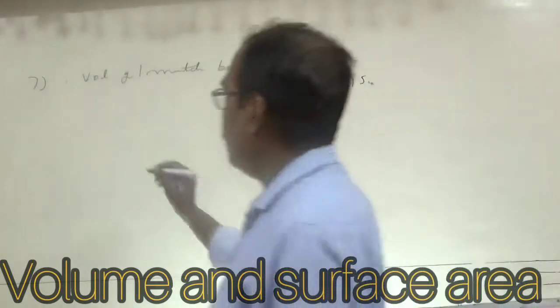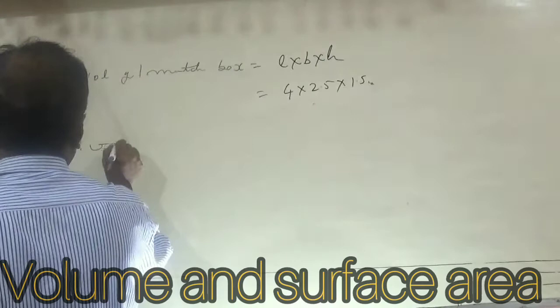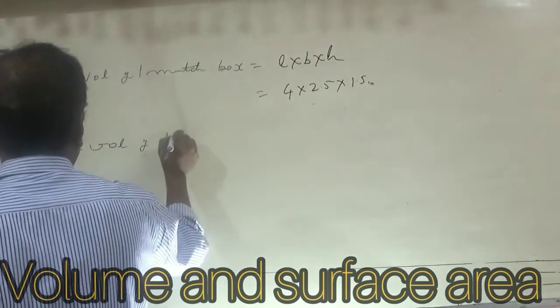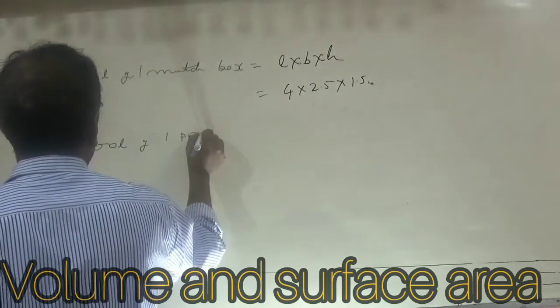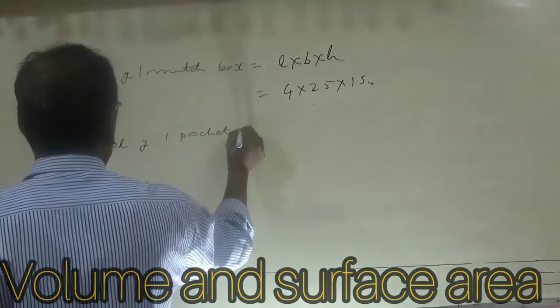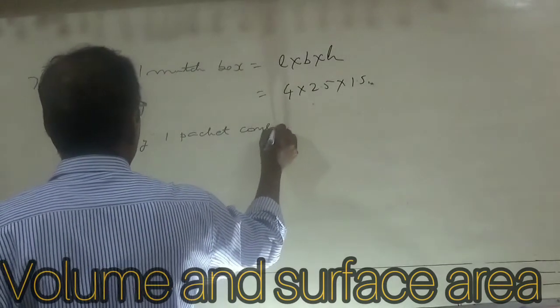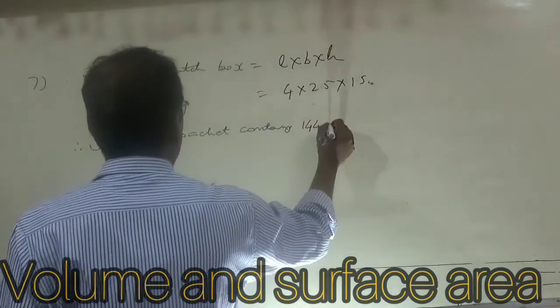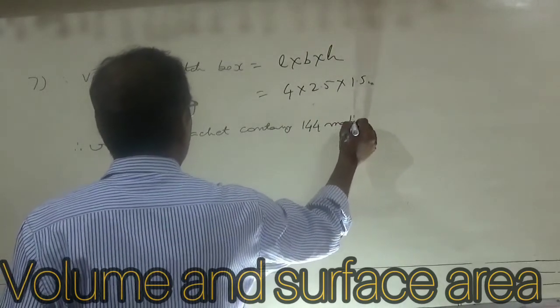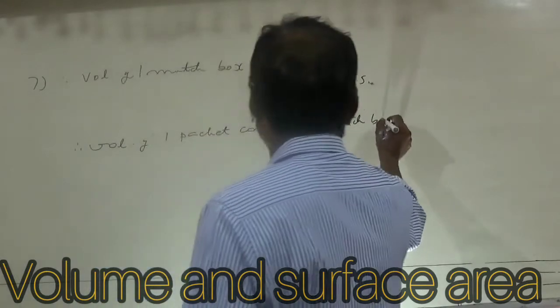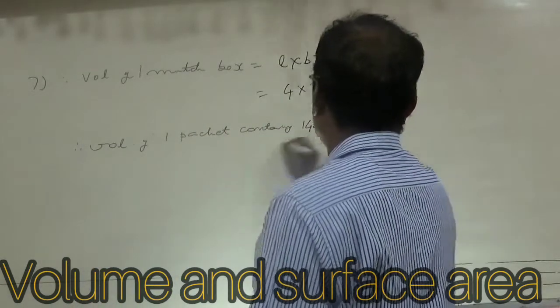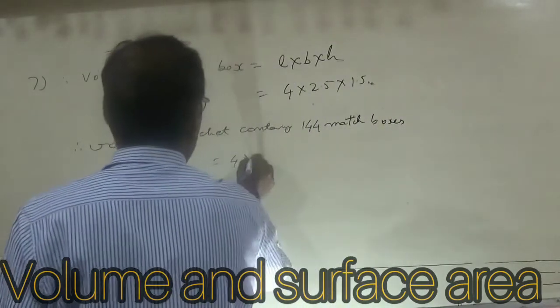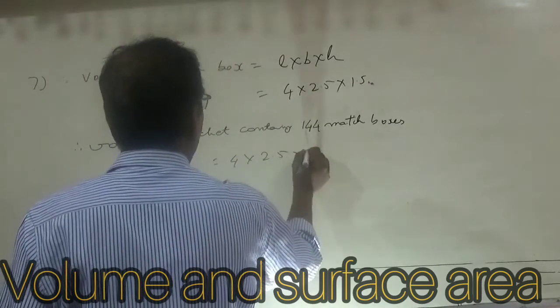Therefore the volume of one packet containing 144 matchboxes is equal to 4 into 2.5 into 1.5.